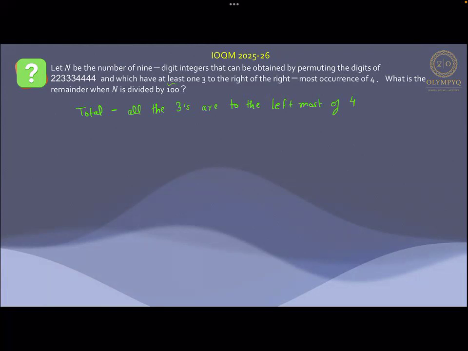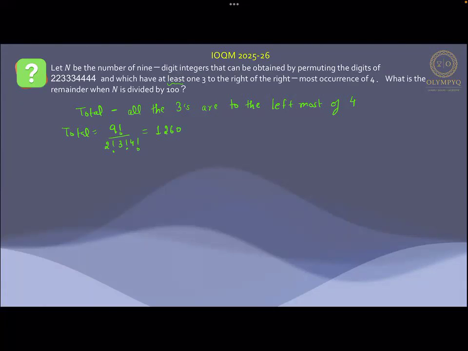Whenever "at least" comes, in most cases we do the same process. The total number of numbers possible is simply 9 factorial divided by 2 factorial, 3 factorial, and 4 factorial. If I calculate this, that is equal to 1260.